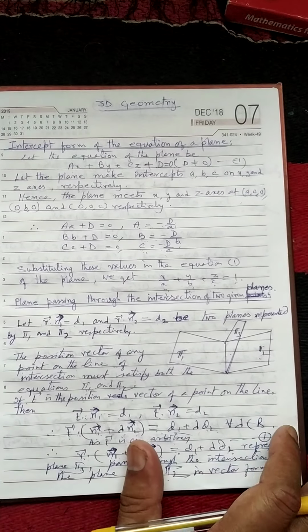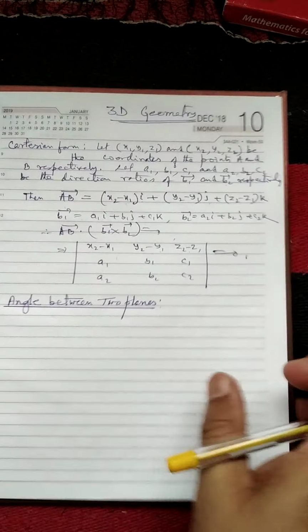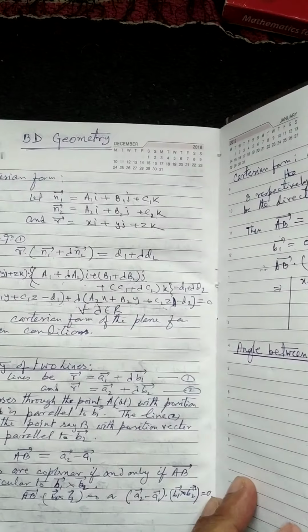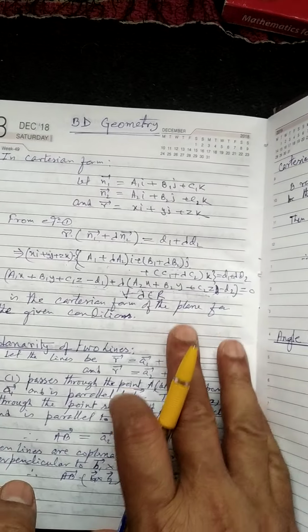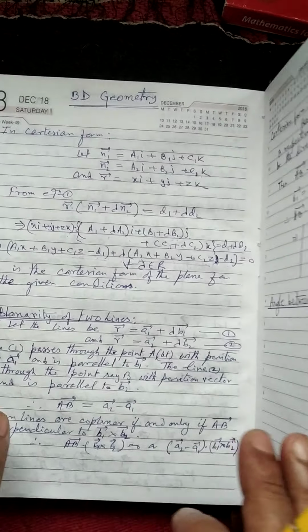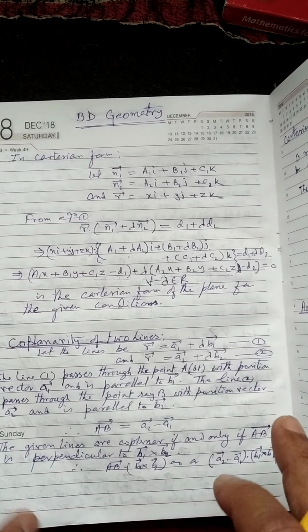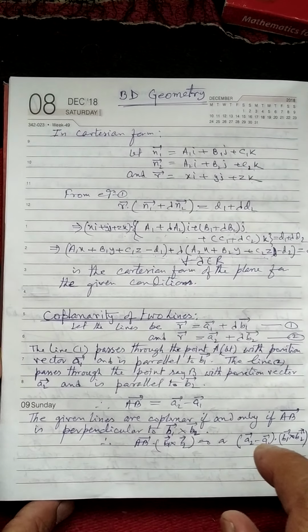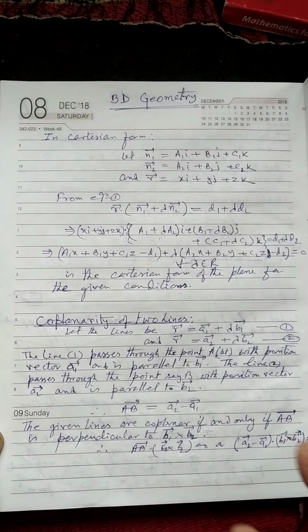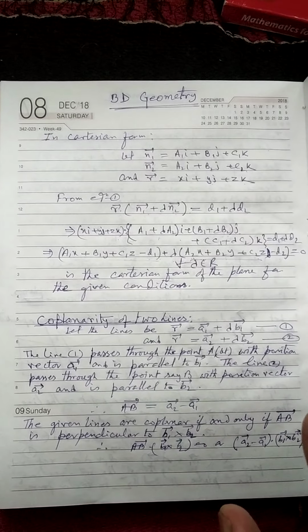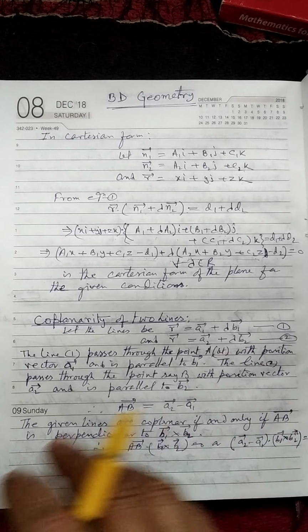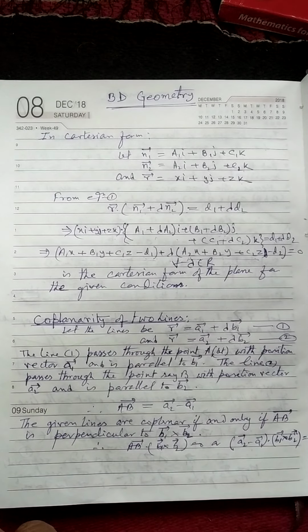Now we are going to find the Cartesian form of this plane. Here we are considering the vector n1 equal to a1 i + b1 j + c1 k and vector n2 equal to a2 i + b2 j + c2 k and vector r equal to xi + yj + zk, the general form.